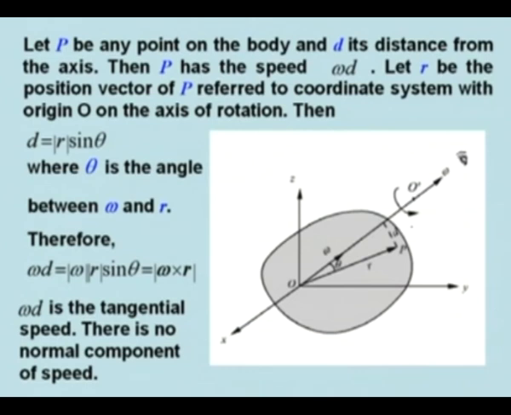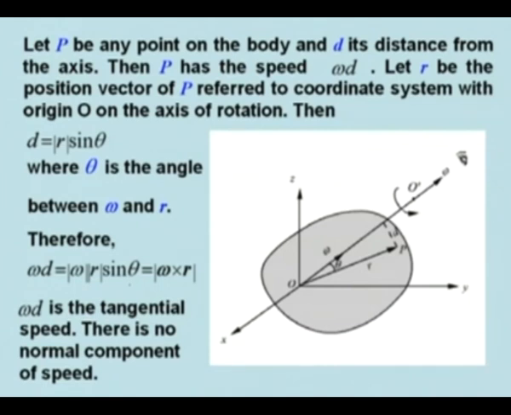Therefore, omega times d will be omega times r sin theta, which is equal to the magnitude of omega cross r, because the cross product of two vectors omega and r is omega r sin theta.